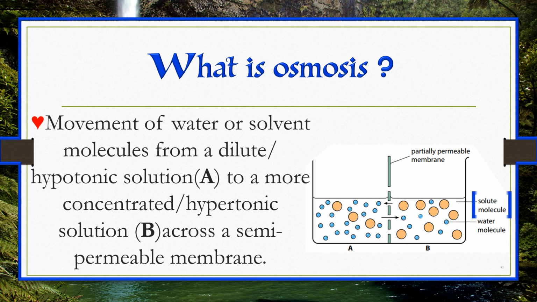On side A, we have more water molecules than on side B. And on side A, we have fewer solute molecules than side B. That means that side A is more concentrated with water molecules, and side B is less concentrated with water molecules.